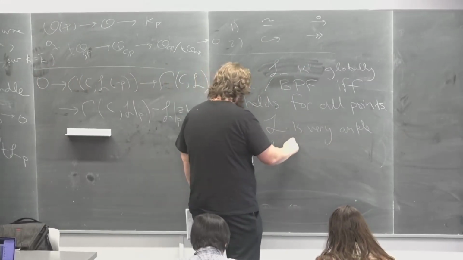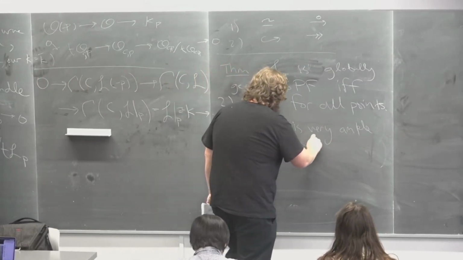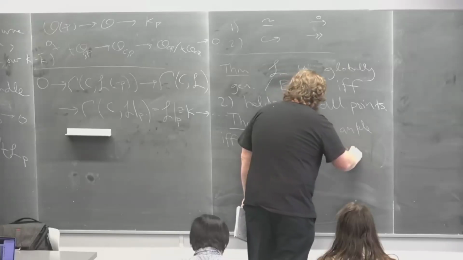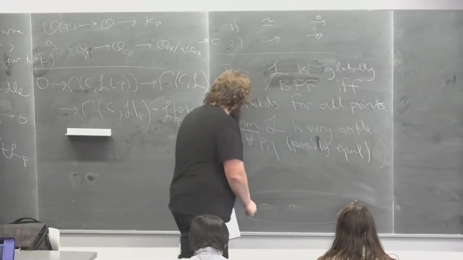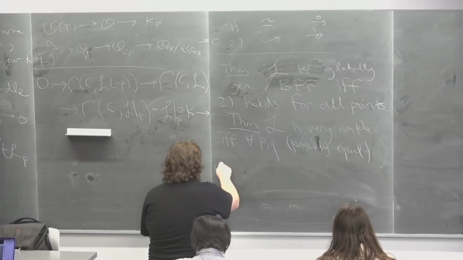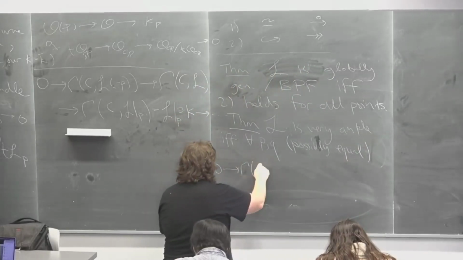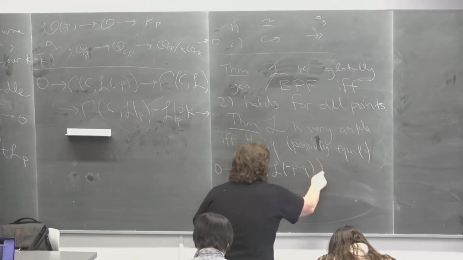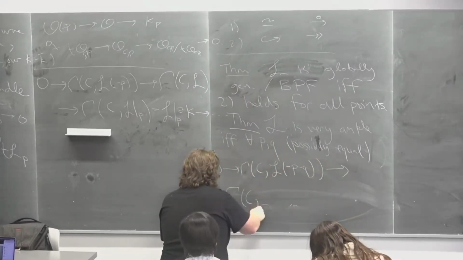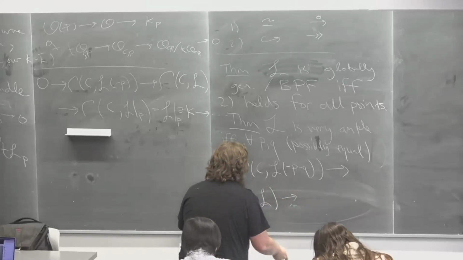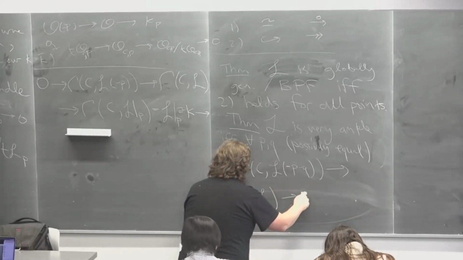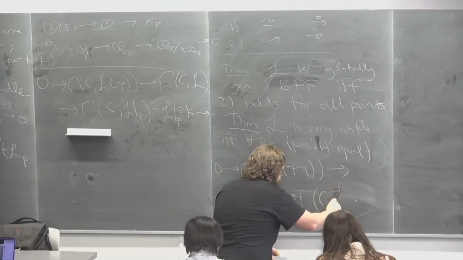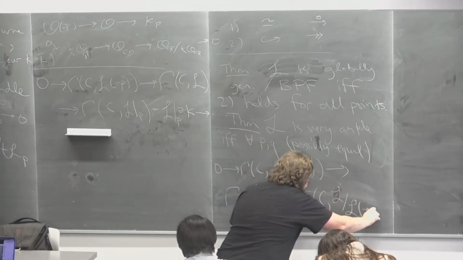So this is if for all P and Q, including the possibility that they are equal, I have that when I take the map from sections of L to, well, now I have to look at the quotient. So sections of L mod L minus P minus Q.